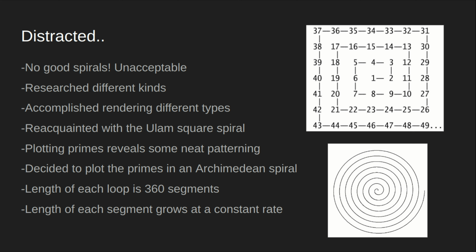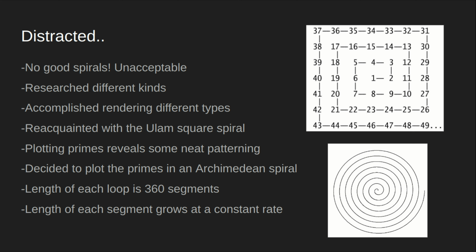In that research, I became reacquainted with the Ulam square spiral, which is shown here. Plotting the primes on this spiral reveals some interesting patterning, albeit fairly chaotic. And so I decided to plot the primes on an Archimedean spiral, which is one of the ones that I had figured out how to draw.